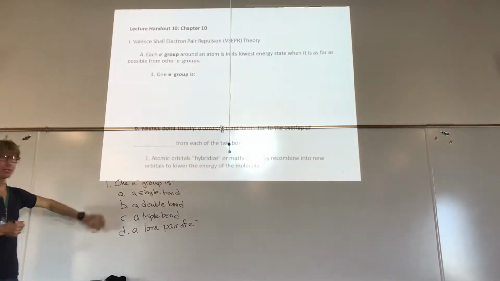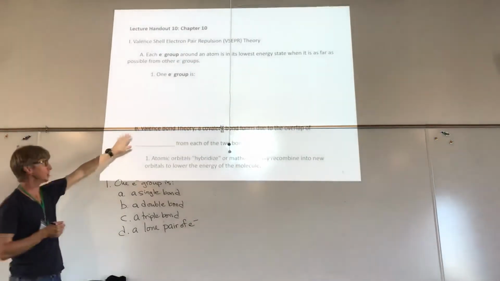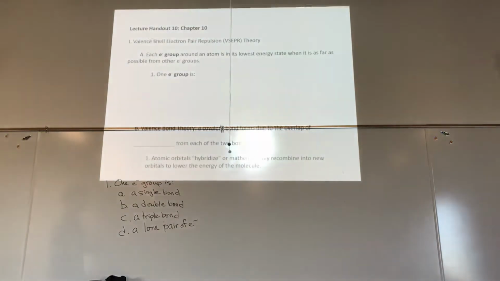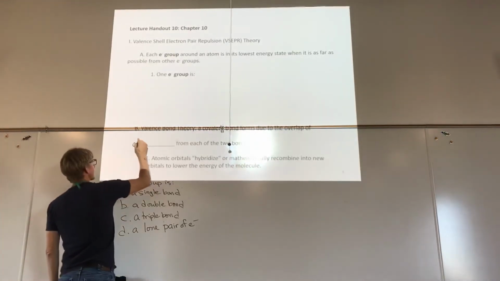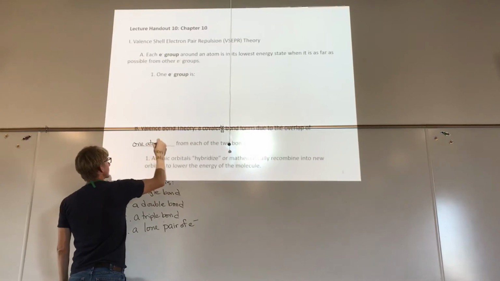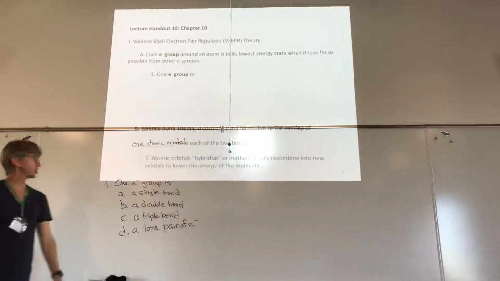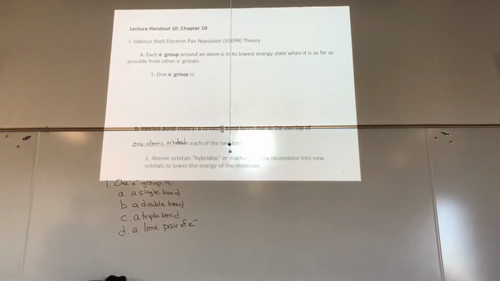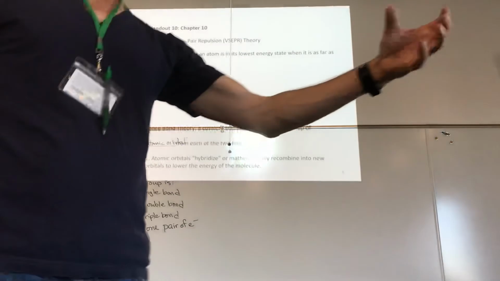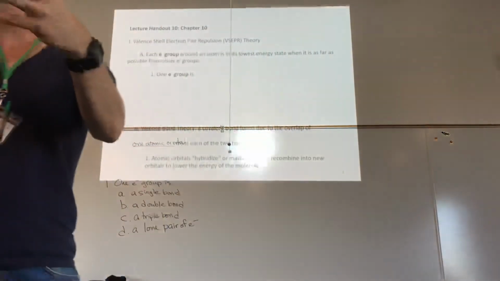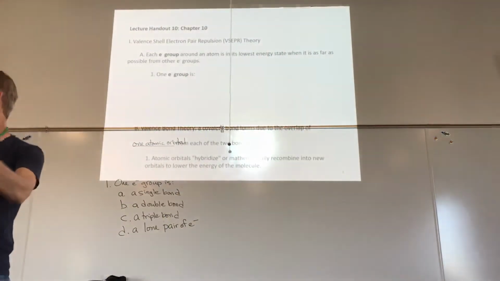And so we're going to develop what this means along with valence bond theory. Valence bond theory says a covalent bond forms due to the overlap of one atomic orbital from each of the 2 bonded atoms. And what we're going to be able to do is look at each of the atoms, put them together, and form bonds through overlap of orbitals.